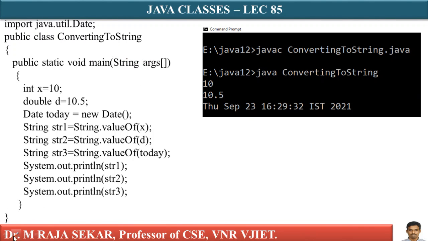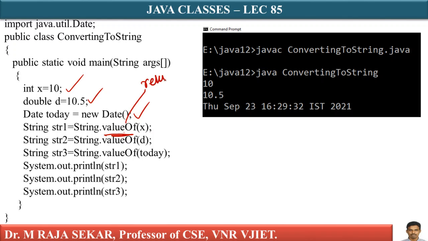The class name is converting to string. int x = 10, double d = 10.5, Date today = new Date(). I already discussed this valueOf method. This is a static method. This static method returns a string.